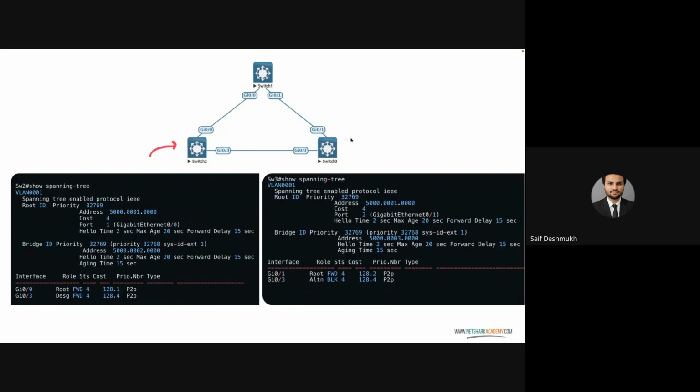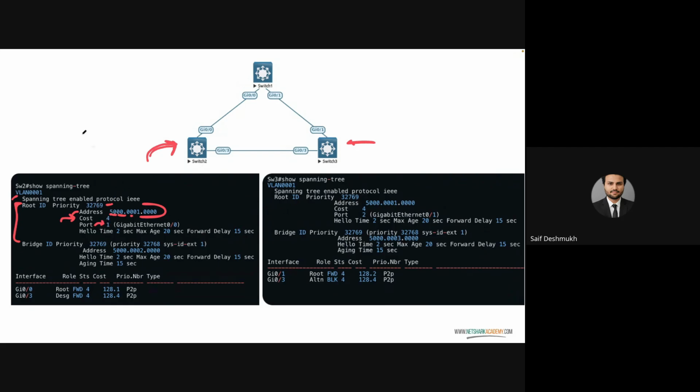What are switch 2 and switch 3 thinking? Switch 2 says, okay, we understand this is VLAN 1. Who's our root? The root ID is 32769, someone with the same priority as me, but the MAC address was the winning criteria. From switch 2's perspective, the cost to that root bridge is 4. How do you find out from here?